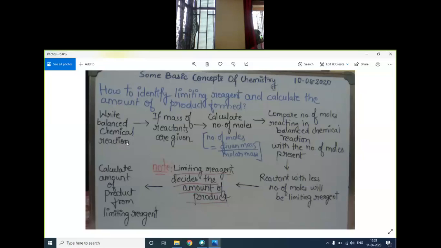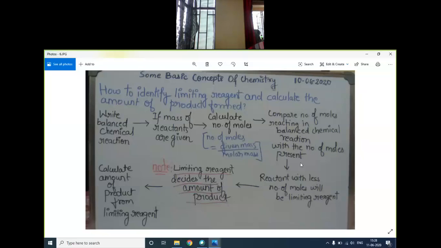We have to compare that with the number of moles that we are calculating using the given mass. So both of these we have to compare. It will get clearer when we solve one problem, so just keep this concept in mind. We will compare the number of moles in the balanced chemical reaction and the number of moles we get by dividing the given mass by the molar mass.